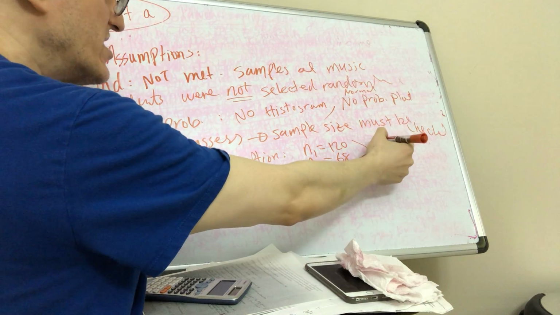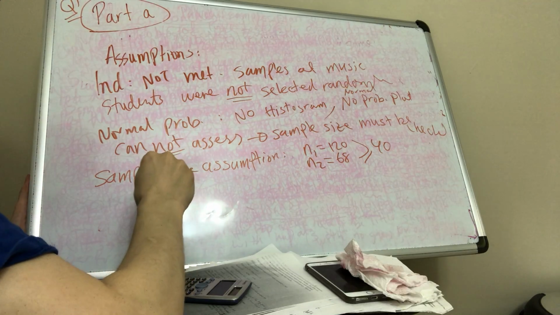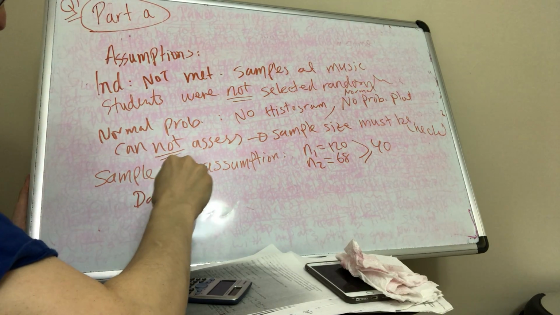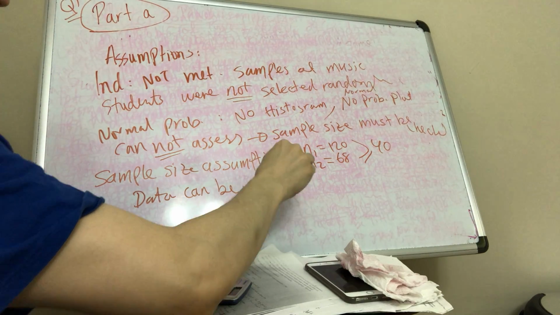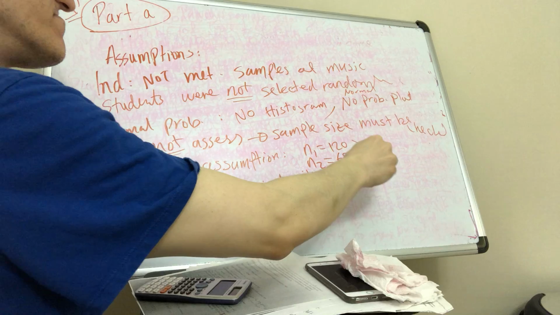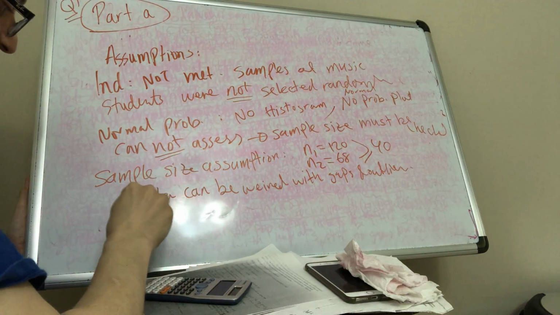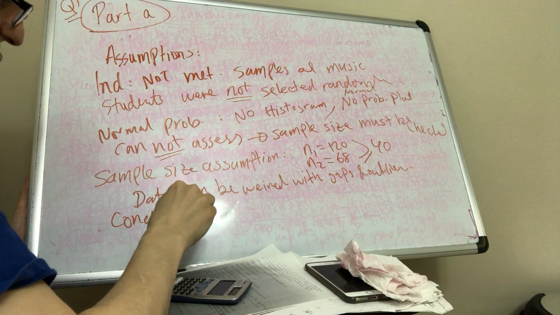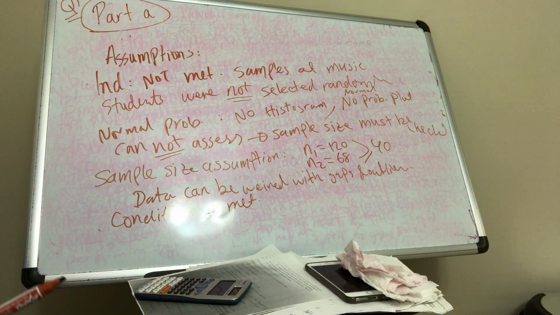Both of them are way more than 40. So data can be weird with gaps and outliers, and still the condition is met.